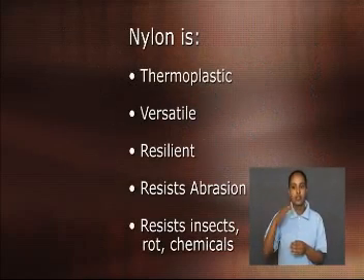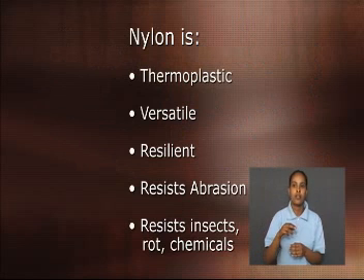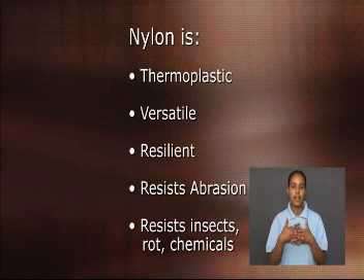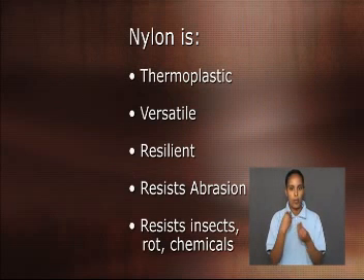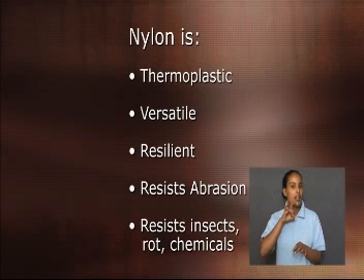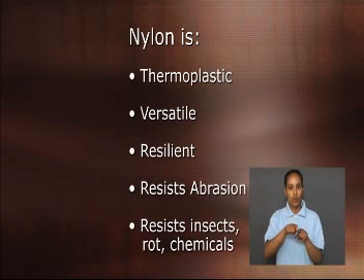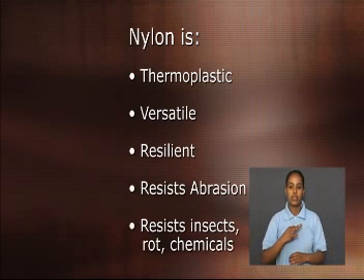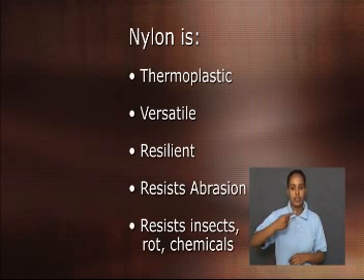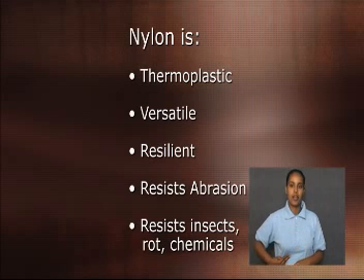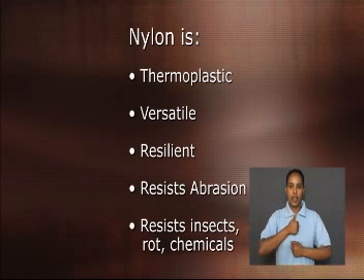Nylon is a silky, thermoplastic material. It was the first commercially successful synthetic polymer. It has been used for stockings, sponges, waterproof clothing, tires, seat belts, and military supplies.